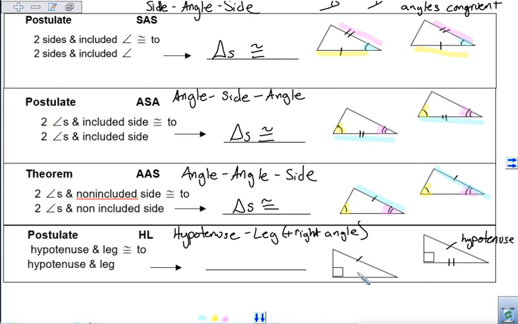And then you need another side, which is a leg of that right triangle. So the first thing you have to have here is a right angle. If you don't have a right angle, you cannot use hypotenuse leg. Then you need your hypotenuse, the side across from your right angle, and you need another side. When you have that, you know that your triangles are congruent.